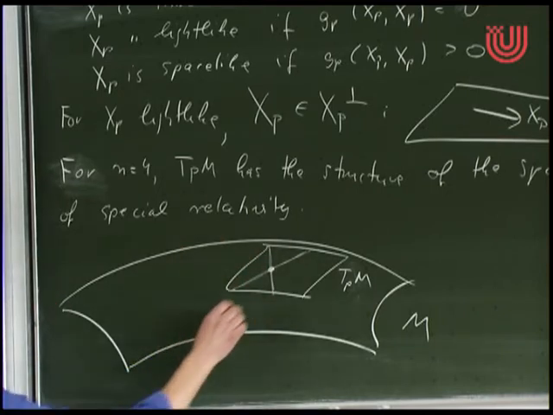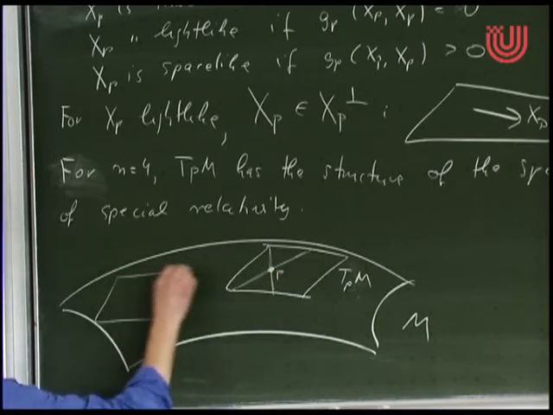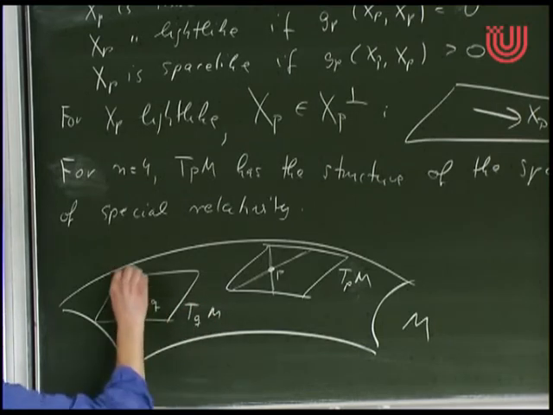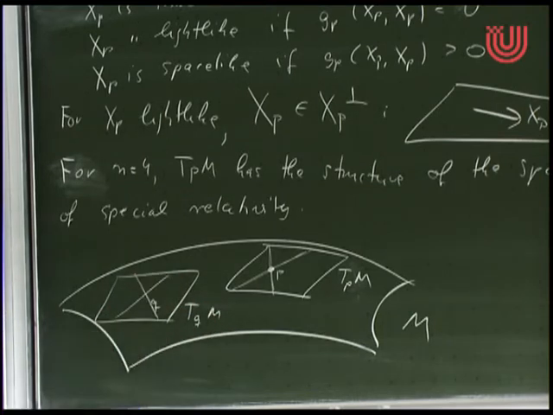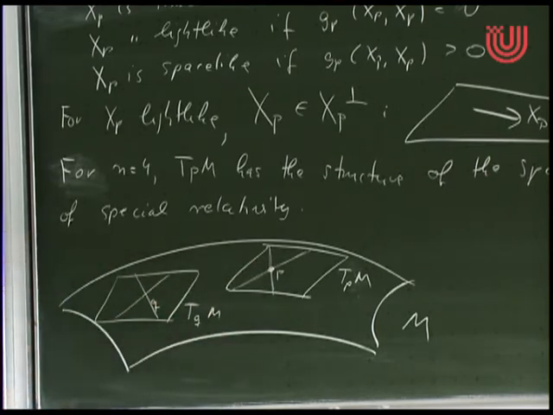So if I have here the point P, that's T_pM at this point, and at another point, let's say that's T_qM. So here's a point Q. You would have this cone, but the cones do not fit together. So there's no notion which allows us to identify these tangent spaces, as it is in special relativity, where I have just one vector space with this metric.